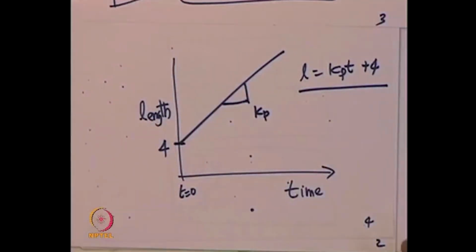Just like the equation looked similar to that of dy by dx equal to m, which immediately gives you y is equal to mx plus c, which is the equation of a straight line. This is just like that.